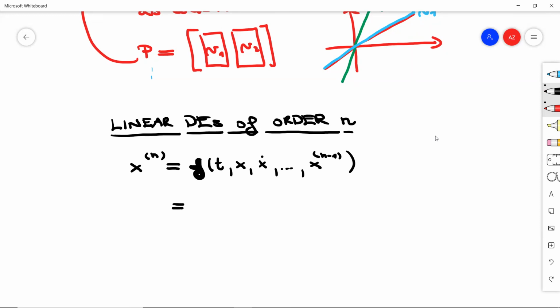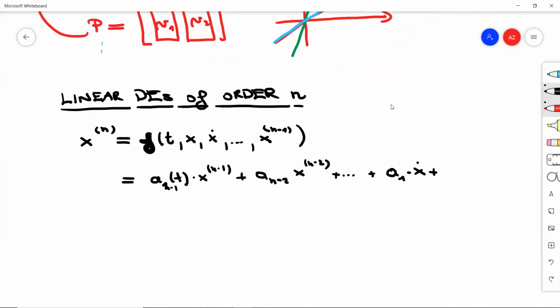And let's write this right hand side as a_{n-1}(t) times the n minus first derivative of x, plus a_{n-2} times the n minus second derivative of x, and so on, plus a_1 times the x derivative, plus a_0(t) times x, plus some non-homogeneous part f of t.